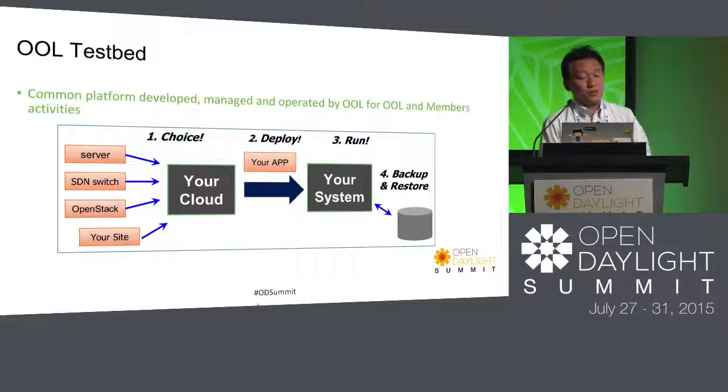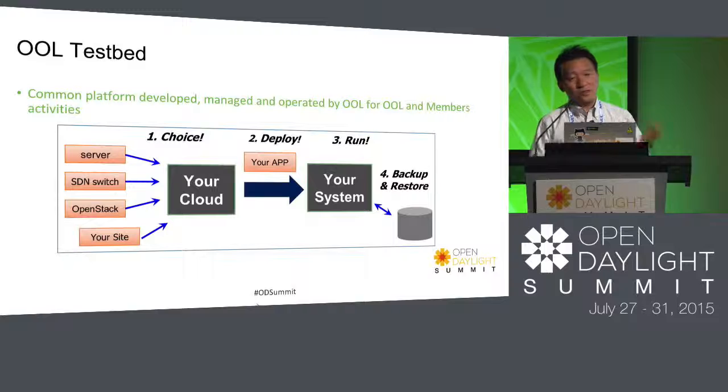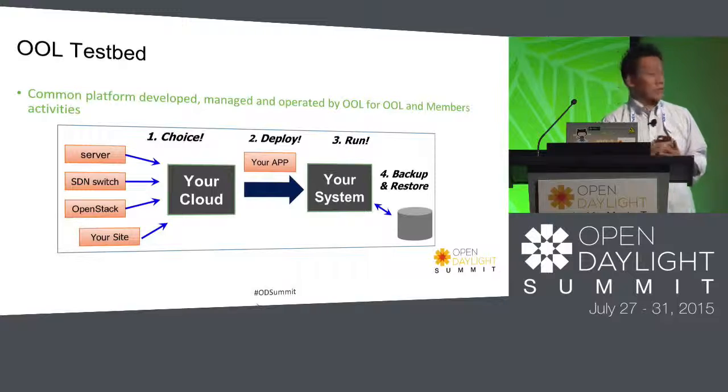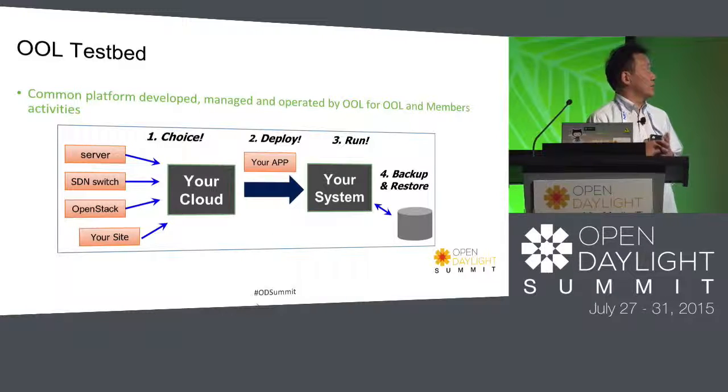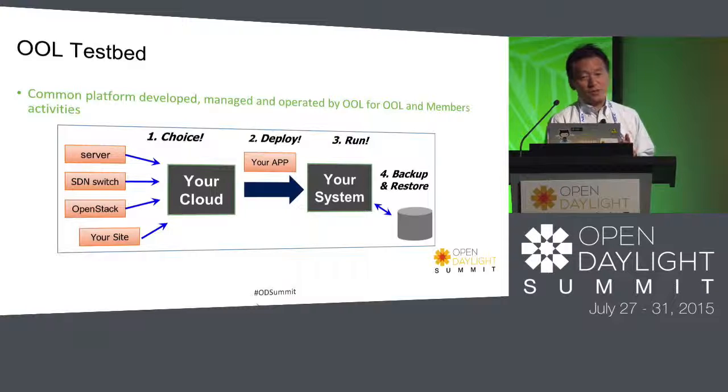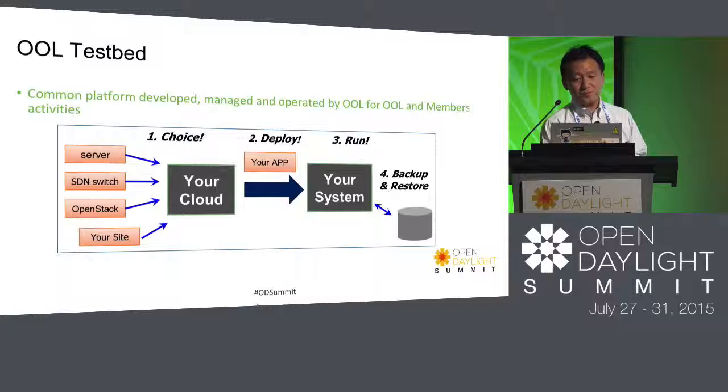Users can choose servers or switches from our list through our GUI, choose the OpenStack version and resources, create the cloud, deploy the application, and run the system or testing.